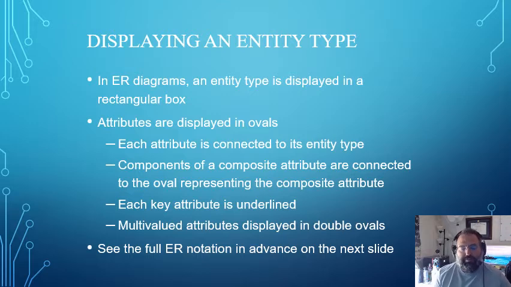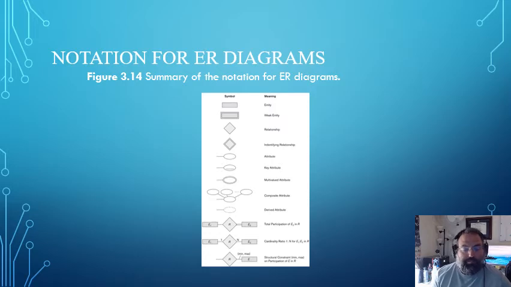Each key attribute is underlined. Multi-valued attributes are displayed in double ovals. See the full ER notation in advance on the next slide. So basically, seeing the things that we just talked about: entity being a rectangle, weak entity being a double-lined rectangle, and so on.